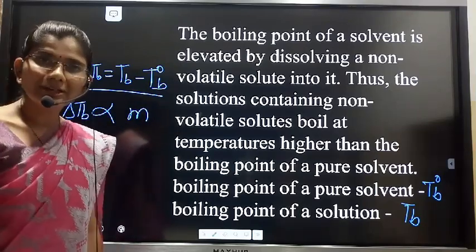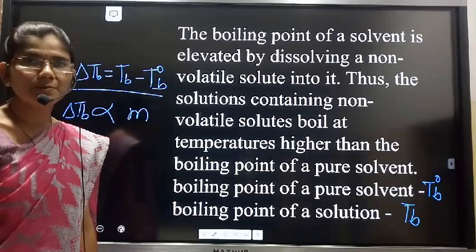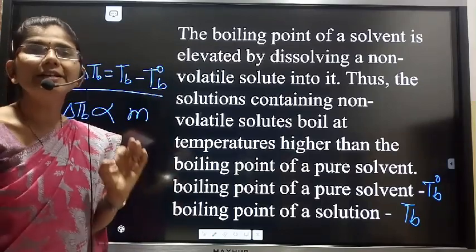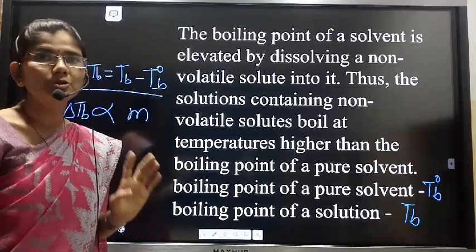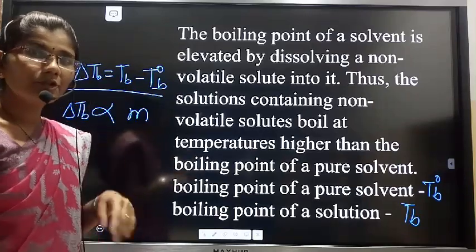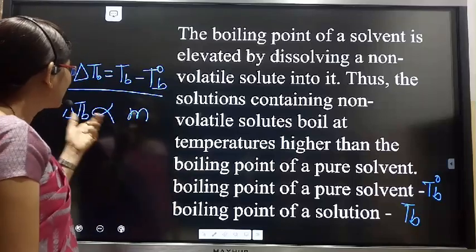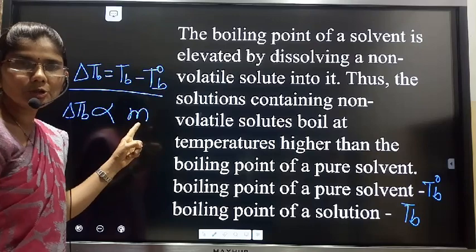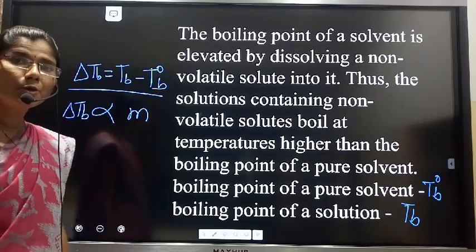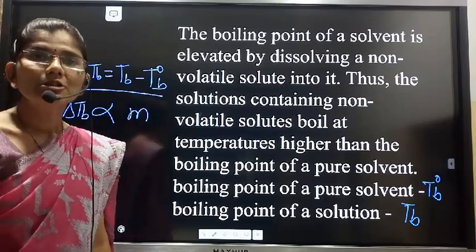Here we consider a binary solution as a dilute solution, and from thermodynamic consideration we can say that delta Tb is directly proportional to m, the molality of the solution.